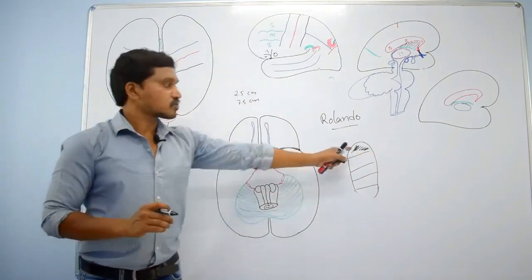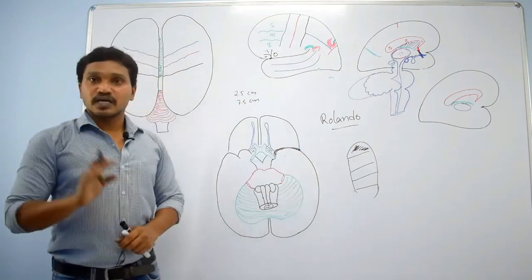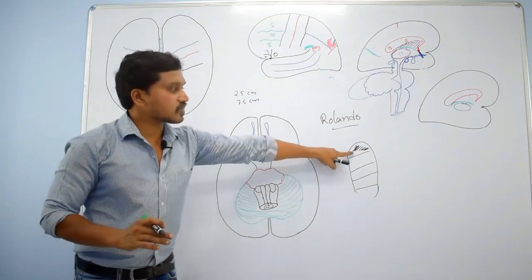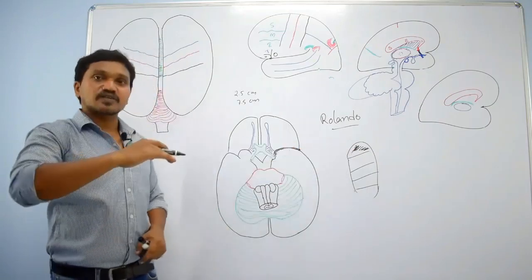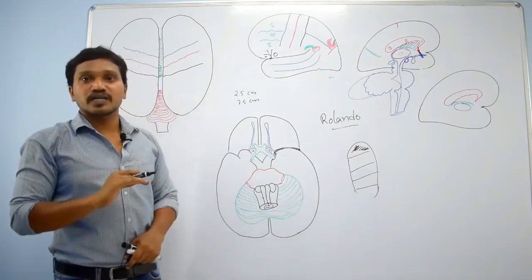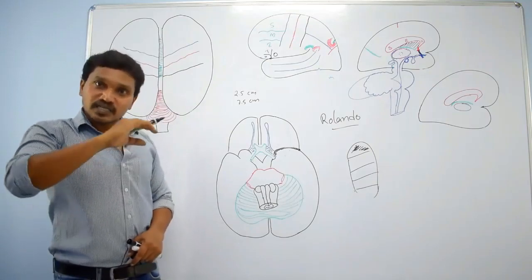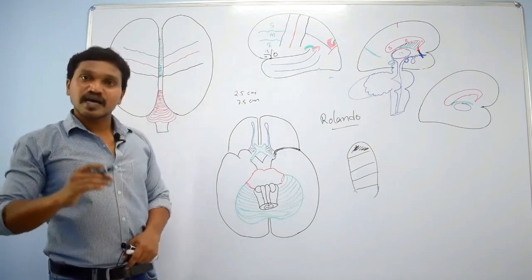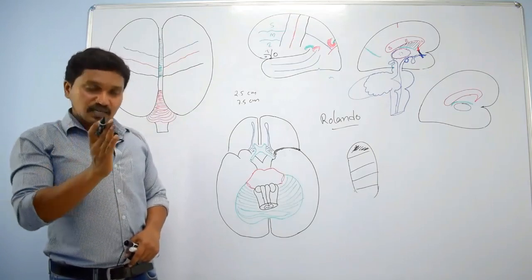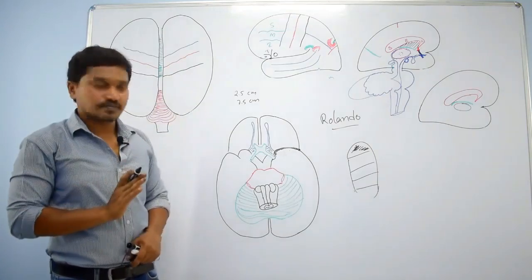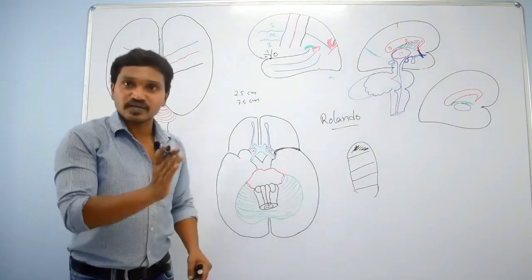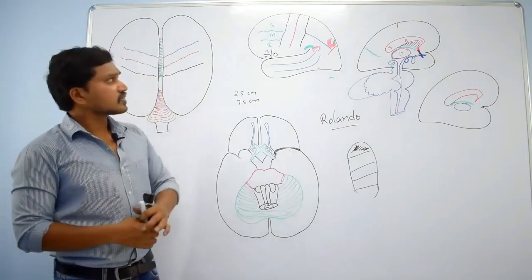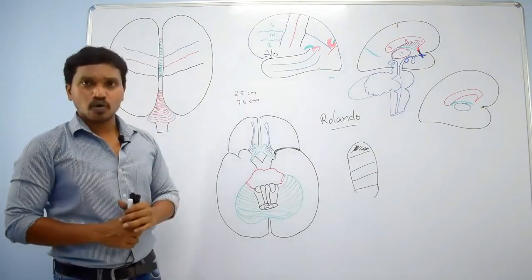I will tell you that in the functional areas. At this session, just remember that the superior surface of the superior temporal gyrus has 3 or 4 transverse gyri, directed anterolaterally, right? So that is about the temporal lobe.